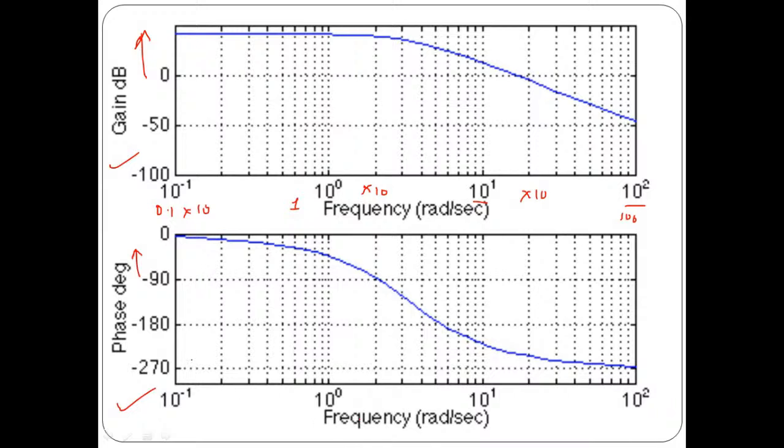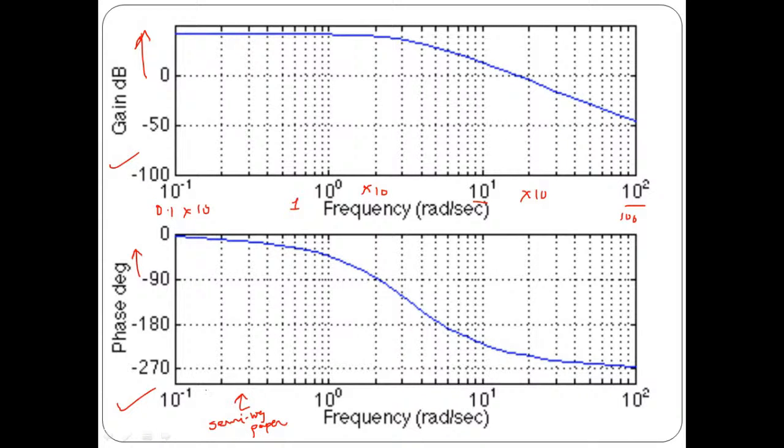But remember one thing, whenever we try to draw a Bode plot, we need to take special paper, called semi-log paper. So this magnitude plot and phase angle plot we have drawn on semi-log paper. This is very important. Why is it called semi-log paper?